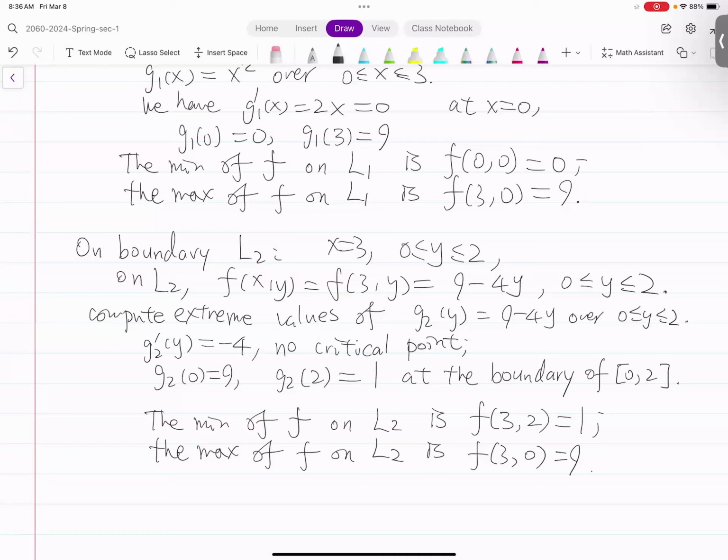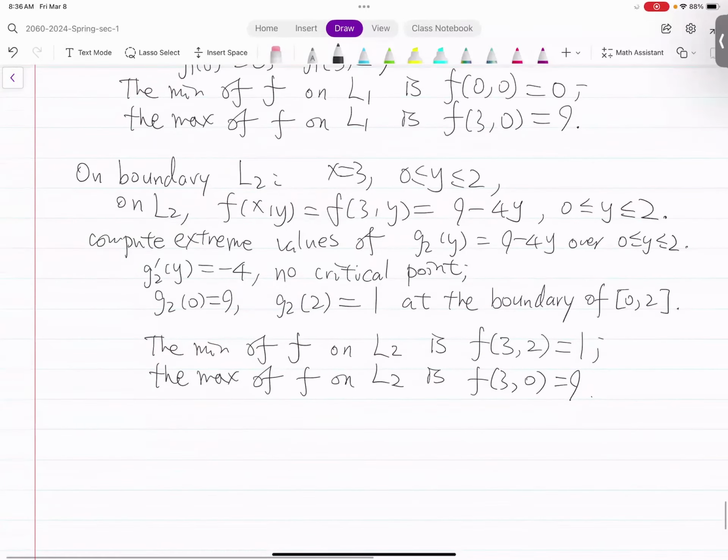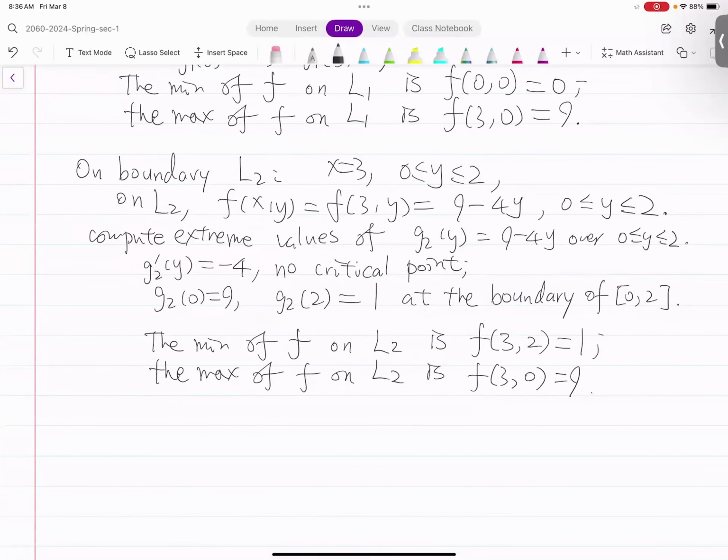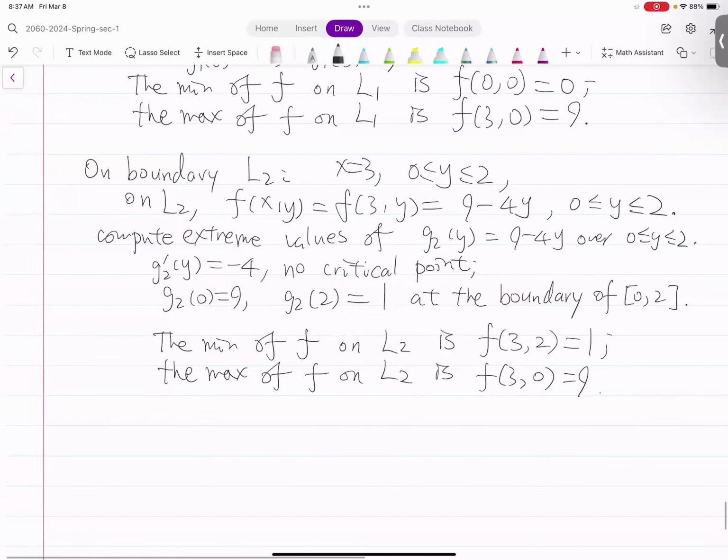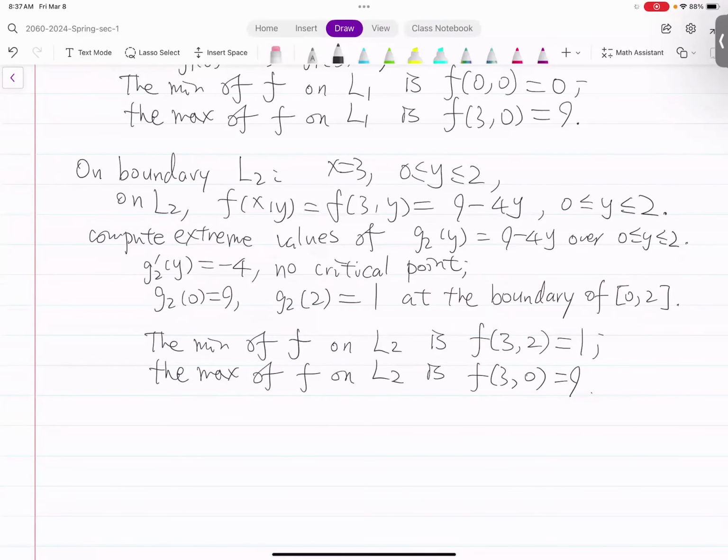When we do it really systematically, it looks kind of dumb in a sense, but if you think about it as running it in a computer program, that's actually a pretty solid system of steps. So the boundary L3 is going to be really similar.